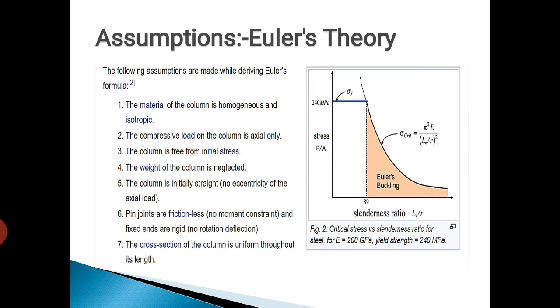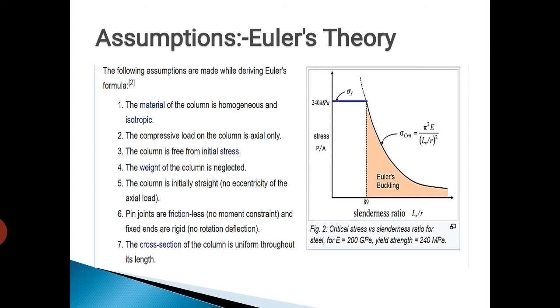First assumption, the material of the column is homogeneous and isotropic. Second, the compressive load on the column is axial only. Third, the column is free from initial stress. Fourth, the weight of the column is neglected.